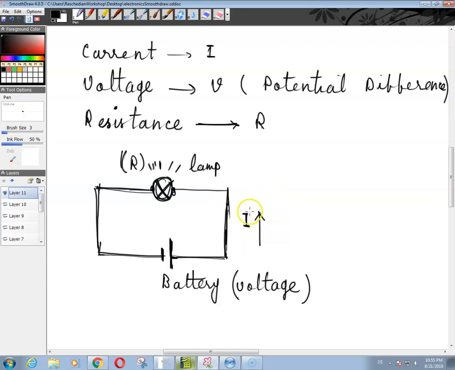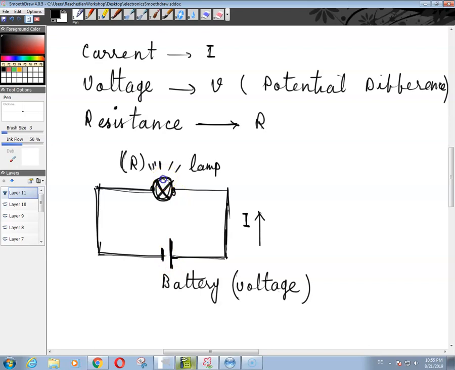So the current is flowing because there is a battery, and this battery is creating some potential difference between these 2 points. Since there is a difference in the potential between these 2 points, electrons keep moving and moving in order to compensate for the difference in potential between these 2 points, and that is called a current going through the circuit.